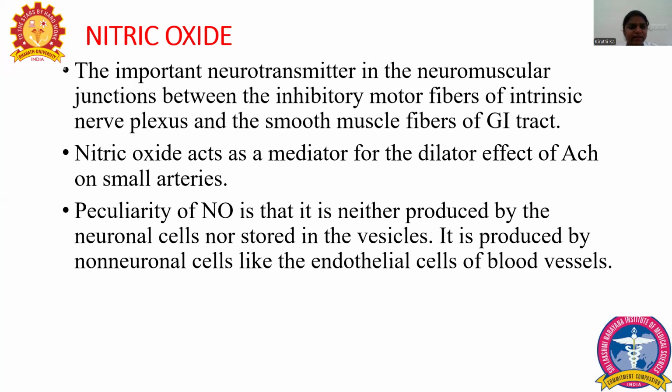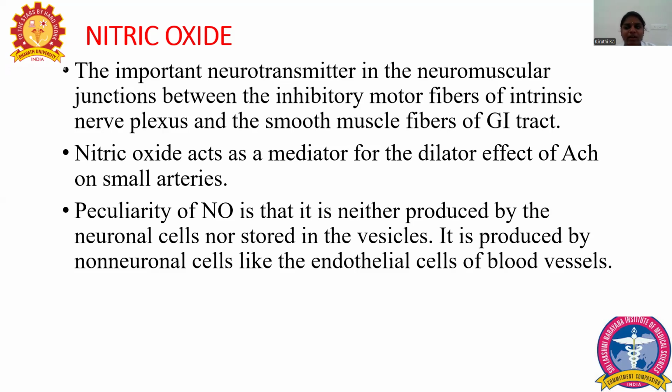Next, nitric oxide. It is an important neurotransmitter at the neuromuscular junction between the inhibitory motor fibers of intrinsic nerve plexuses and the muscle fibers of the GI tract. It is also called endothelium-derived relaxing factor. It is formed from arginine by nitric oxide synthase, which requires NADPH. It also acts as a mediator for the dilating effect of acetylcholine in small arteries.